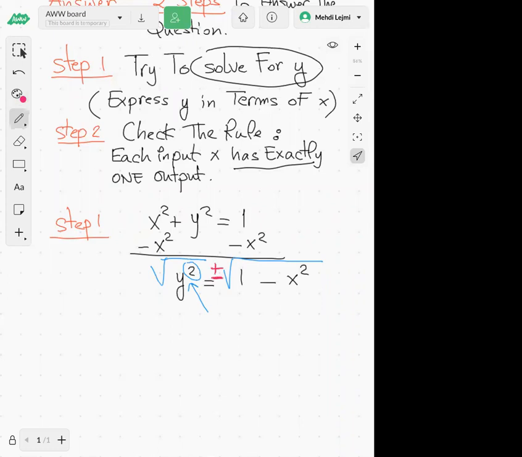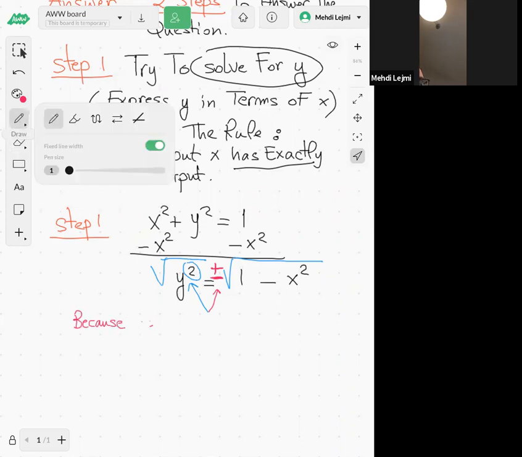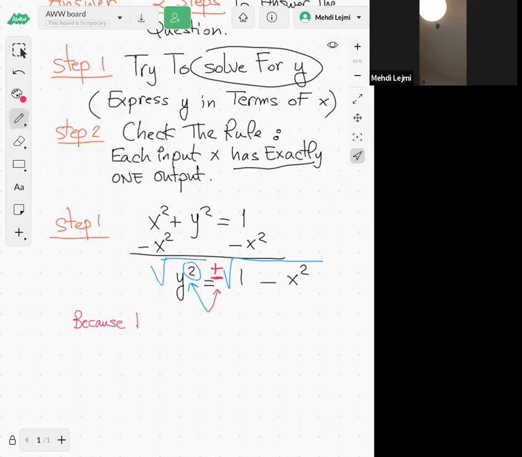So we're going to need plus or minus because the power of y is even.